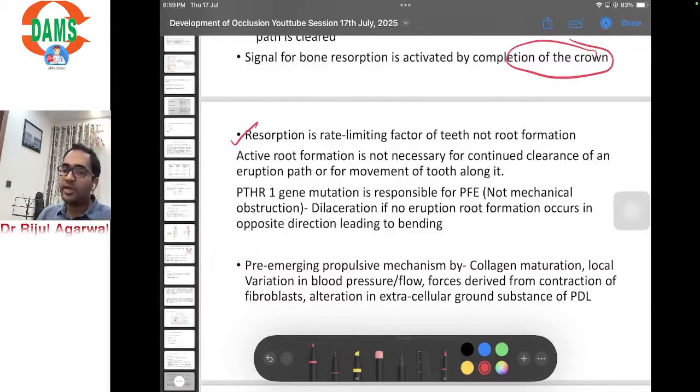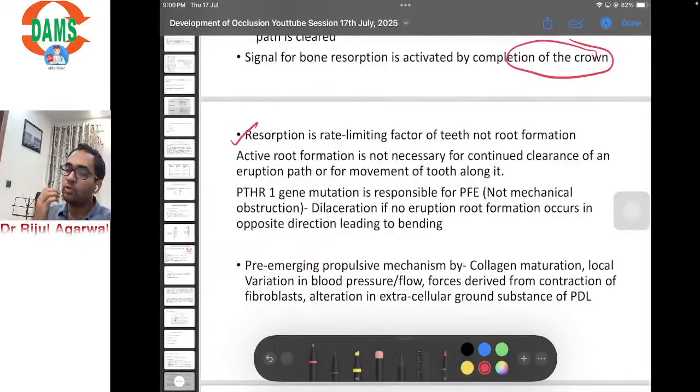Another MCQ: PTHR1, parathyroid hormone related 1 gene mutation, is responsible for primary failure of eruption and not mechanical obstruction. Okay, so therefore this concept of dilaceration is bending away of the roots.